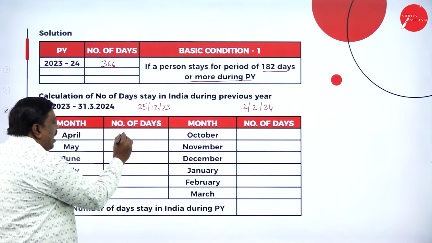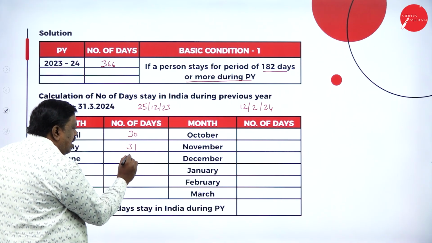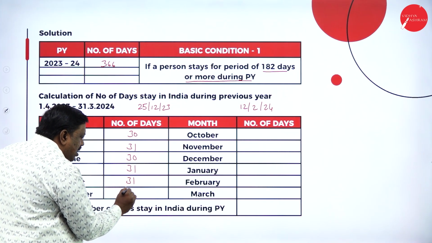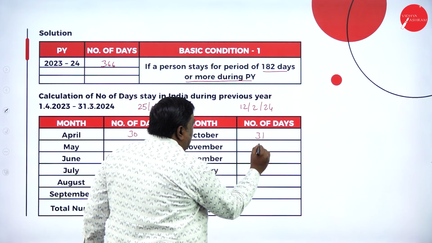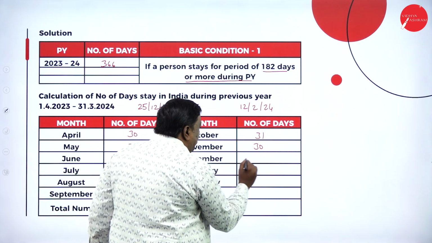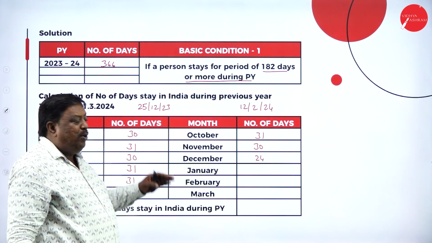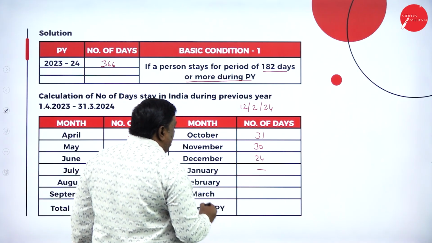So in the month of April, 30 days I was in India. May 31, June 30, July 31, August 31, September 30. October 31 days, November 30, December 24 days, because I left India on 25th, so up to 24th I was here only. January I was not in India.